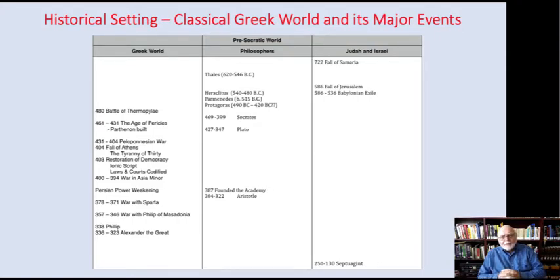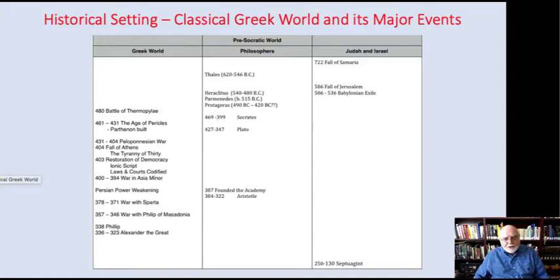A time of great thinkers like Thales and Heraclitus, Parmenides, Protagoras, Socrates, Plato, Aristotle. Their names and dates are in the centre column that you can see in front of you on this slide. There are some historical events either side, giving you some context in which this took place. But we're certainly talking about a long time ago, more than 2,500 years.